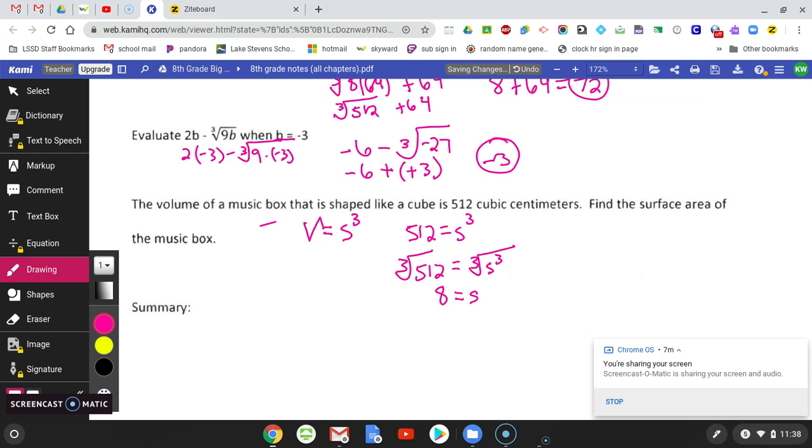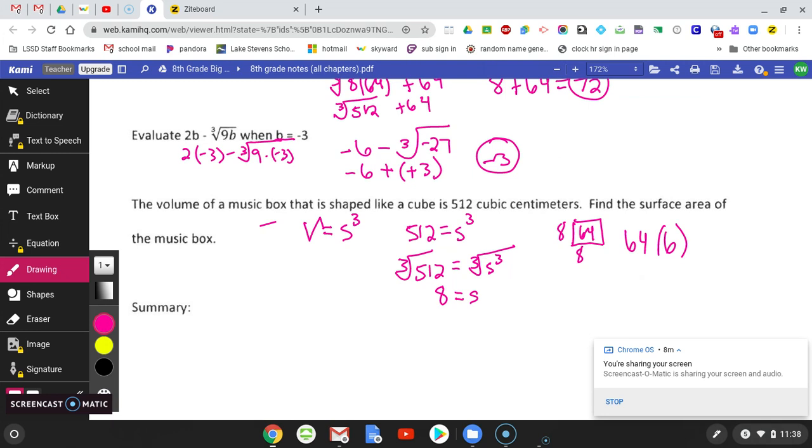It now wants us to find the surface area. Well, surface area is adding up all of the areas. So a cube has 6 sides, and we need to find the area of each of those sides. Well, the area of one side is going to be 8 times 8, which is 64. So we have 64, and there are 6 sides to a cube.